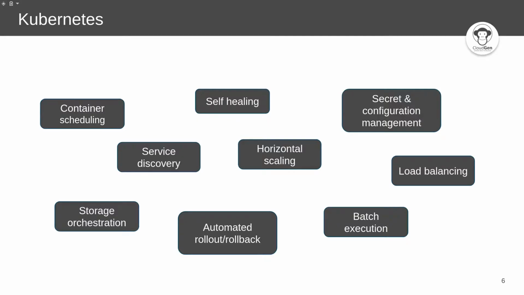It provides a way for enabling storage, for applications where you need to store data permanently, or for handling configuration of your application, or even secrets such as TLS certificates and so on. Last but not least, it even allows batch executions and automation for rollout and rollback. If you want to upgrade your application to a new version, or do a rollback to the previous version if something goes wrong.